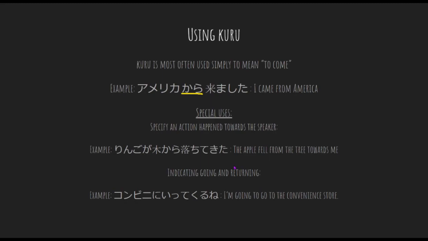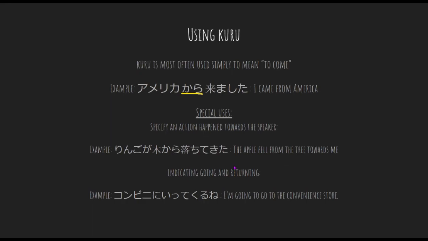Ringo means apple, ki means tree, kara means from, and ochiru is the word meaning to fall. Here it is conjugated into the te form, but we will get to that in later lessons. Kita, the past informal version of kuru, is used here to say that the apple didn't just fall from the tree, but fell towards me.